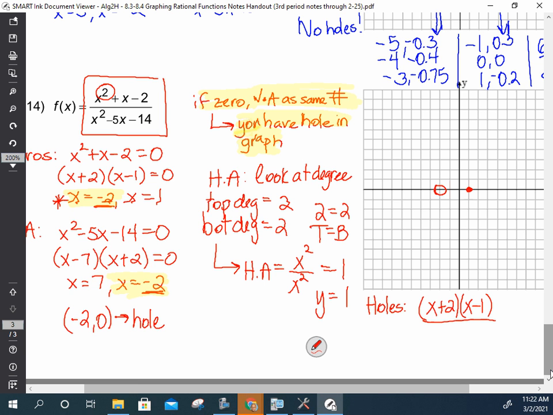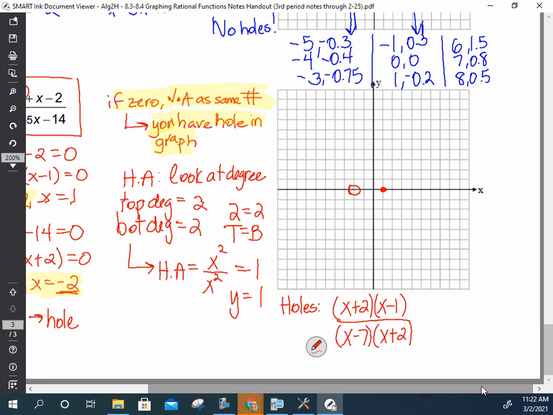X squared minus 5x minus 14. We already factored that earlier. So x plus 2 cancels out. And you're left with x minus 1 over x minus 7.